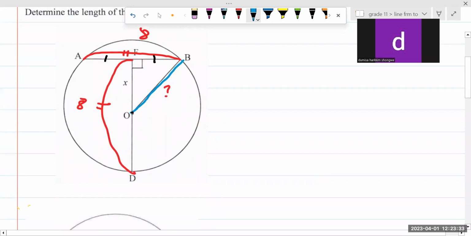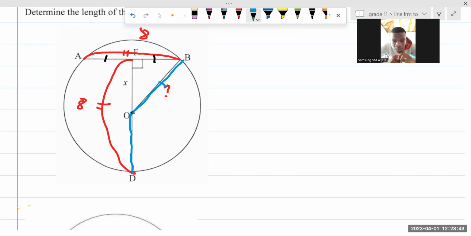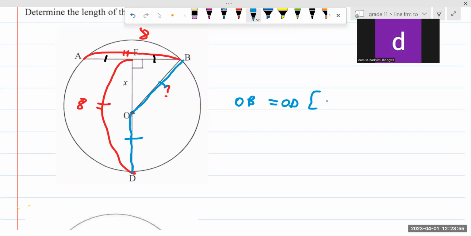I also have another line from the center to the circumference, which is OD. Can you see that? So you can say this line and this line are going to be equal. So in other words, I will say OB is equal to OD. And the reason why I'm saying these two are equal is because they are radii.